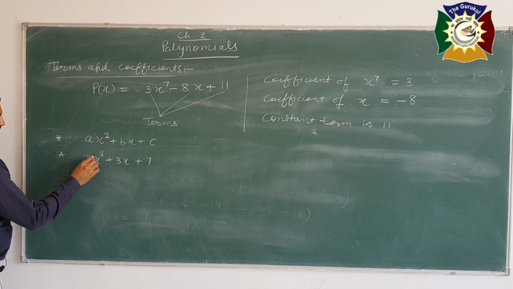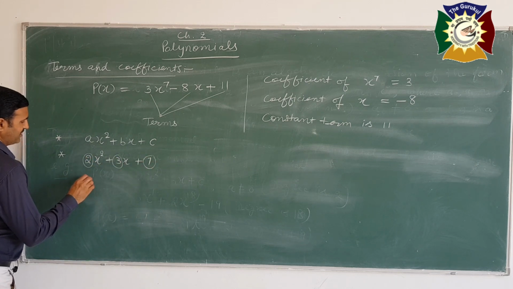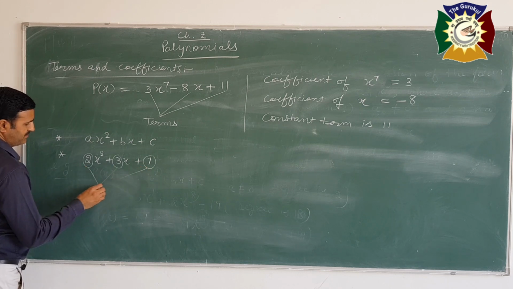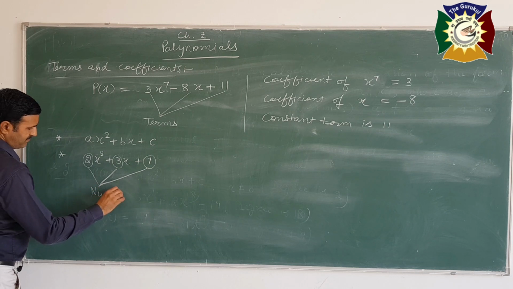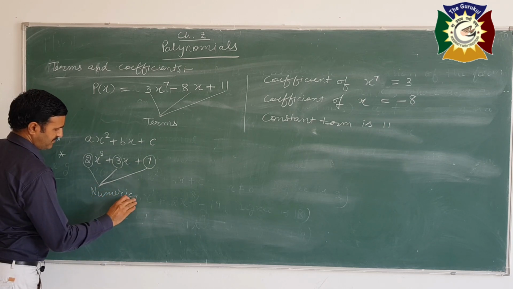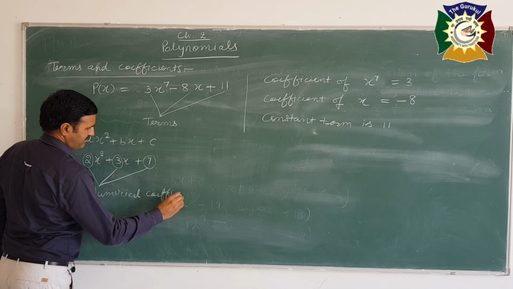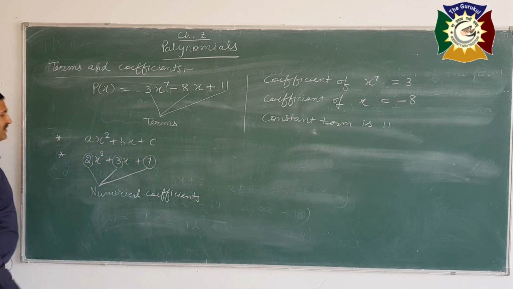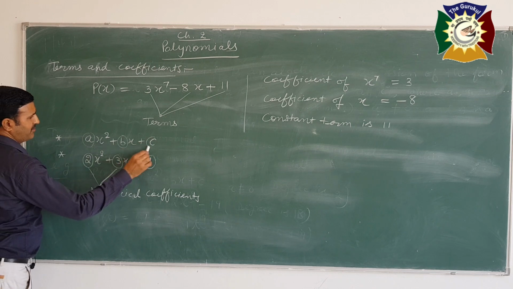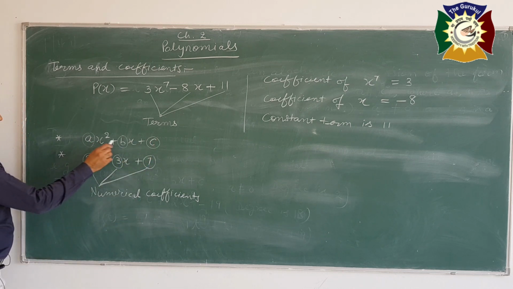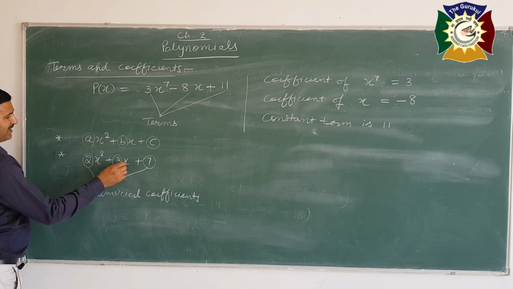In this, these are fixed real numbers, so these are the numerical coefficients. In this also, these are the constants and these are the real numbers, and x square, x, these are literal coefficients.